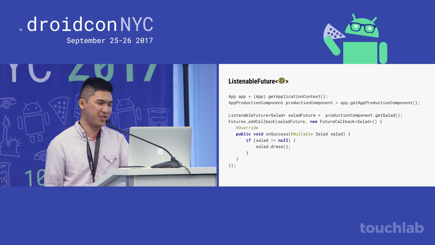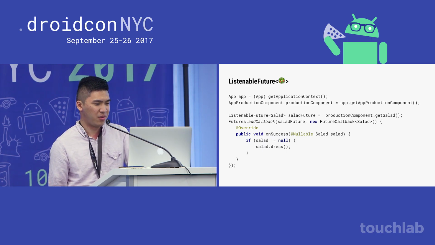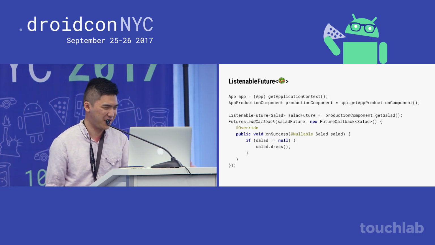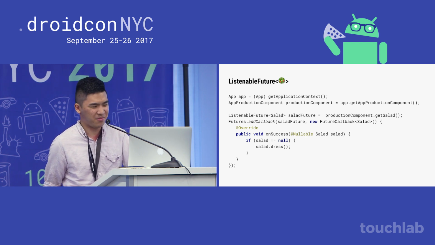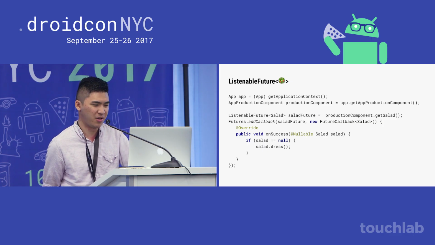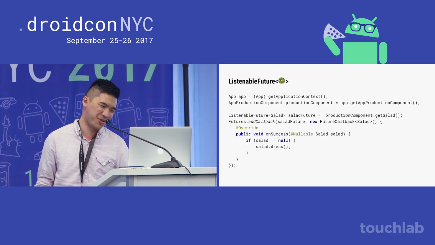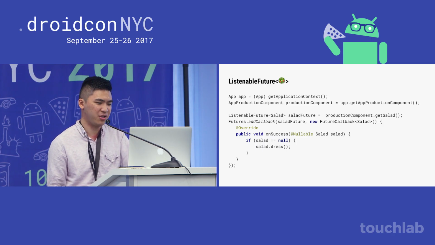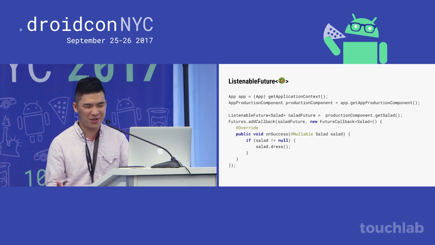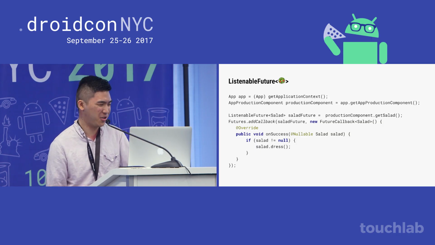So how do you use this ListenableFuture? Well, first you need some way of getting the app production component. I have some code on GitHub that will show you how to do this in terms of where to put it. I guess there are many ways of holding on to the production component, and you probably also have an app component in your app already anyway, so you could do something similar.